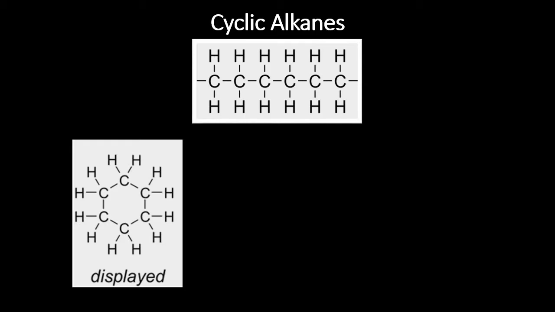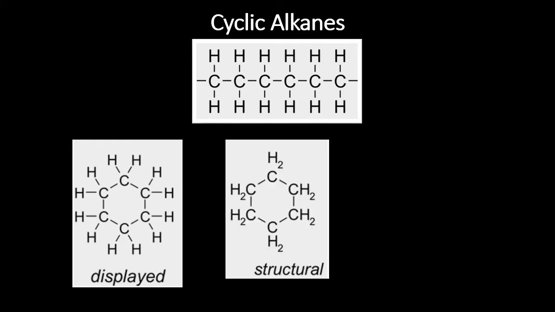Ring type kumbaga. Okay, so in our first representation na displayed, nakapakita doon yung hydrogen atoms, yung carbon atoms. But we can also represent that one using the structural, wherein we only indicate the H2 instead of showing the bonds between the carbon and the hydrogen. So instead of C and then H, and then H, we'll just use H2.